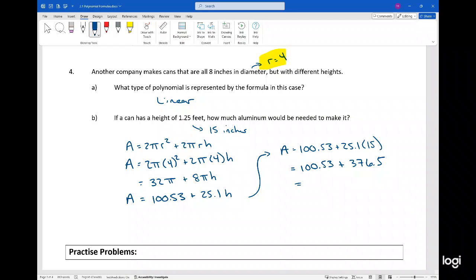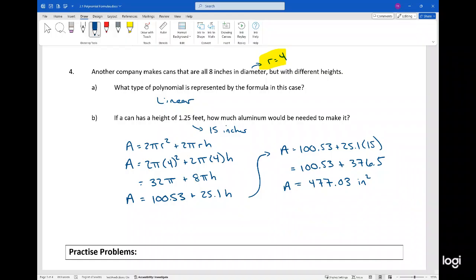And when we add them together, we get 477.03, which I think I could round off pretty easily into just 477. Either way, final step, the area is 477 inches squared.